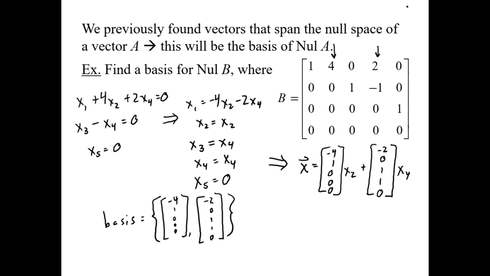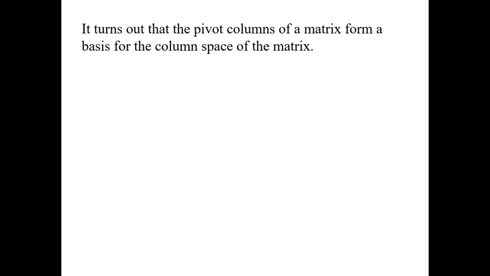If we're looking at the columns of a matrix, the columns that indicate the free variables are dependent on the other columns. So if we want a basis of the column space, we only want to look in the pivot columns.